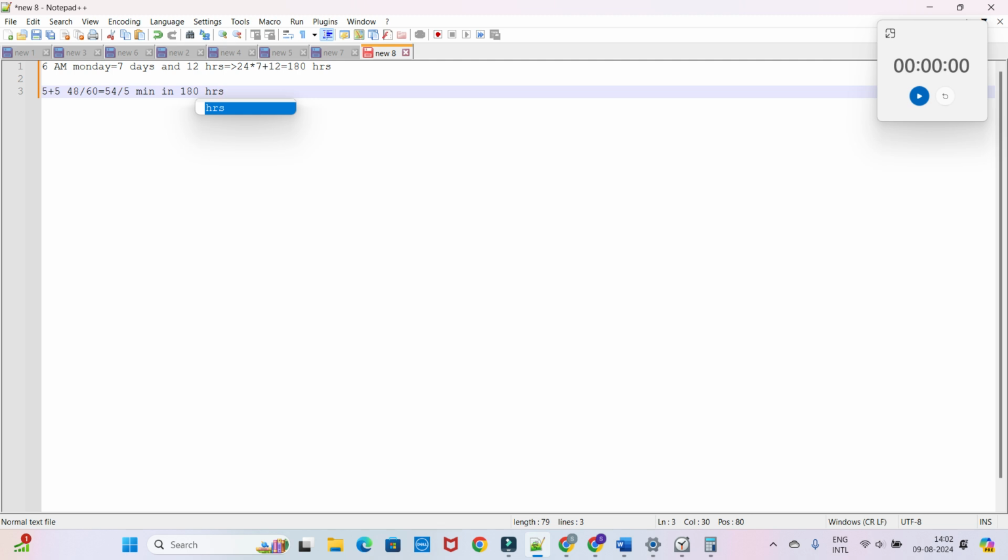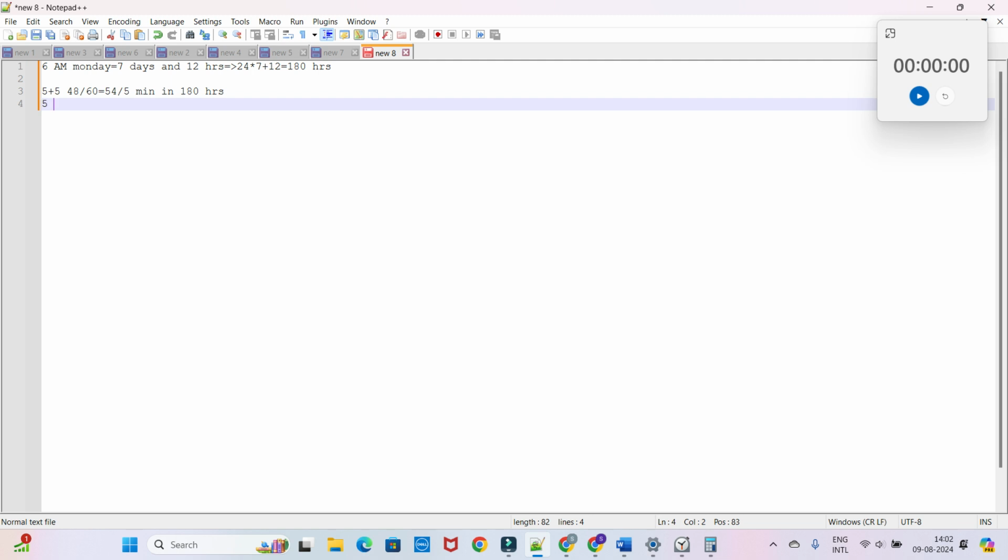Therefore for 5 minutes the gain would be 180 into 5 by 54 into 5 into 5, that is equal to 5 by 5.